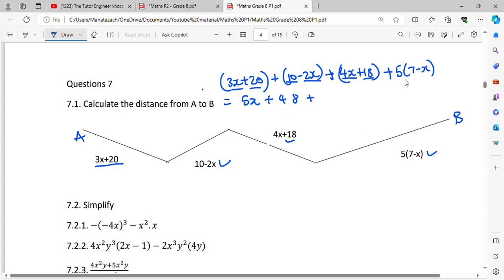Here you still have to multiply: 5 and 7 will give you 35, minus 5x. Then 5x minus 5x will become 0. 48 plus 35 will give you 83. So the answer here is 83.